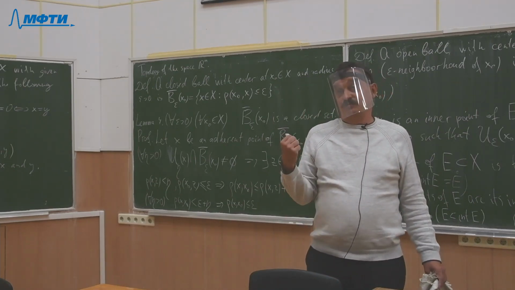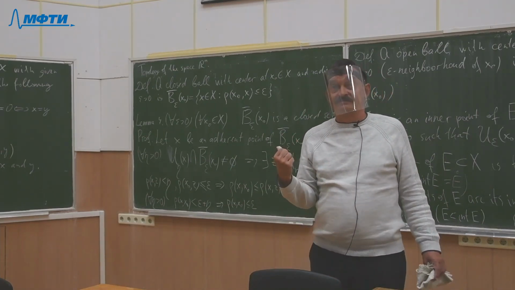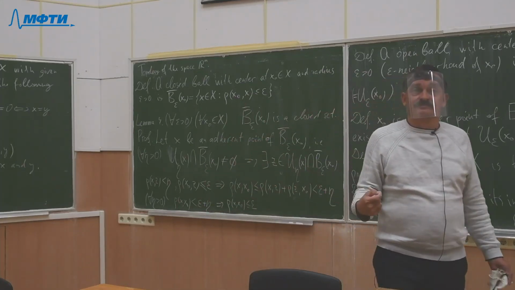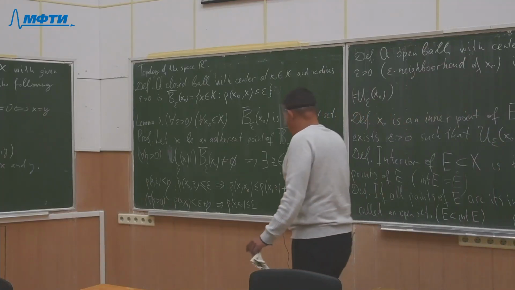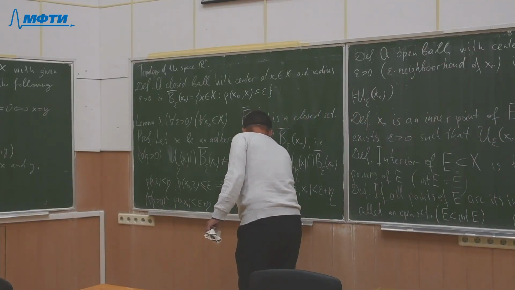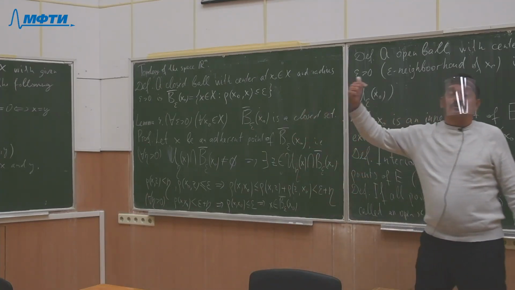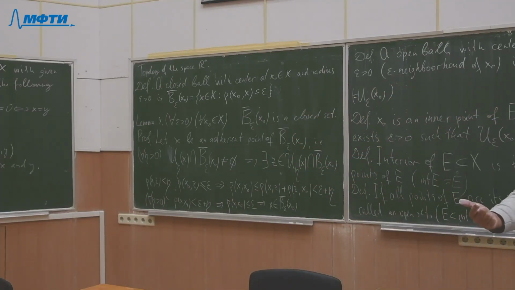Because if it were strictly greater, then this inequality is impossible for sufficiently small eta, right? And what does it mean? It means that x belongs to our closed ball. So we took an arbitrary adherent point, and it belongs to the set itself. It means that the closed ball is indeed a closed set. So the word was chosen correctly.